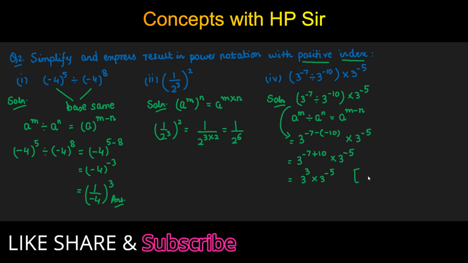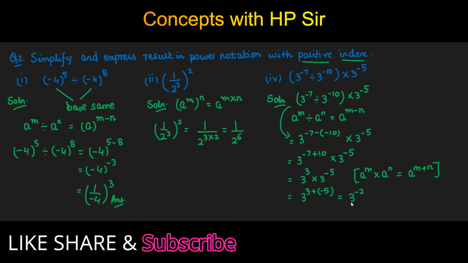Next step, it becomes 3 to the power 3 into 3 to the power minus 5. Now over here we will apply the rule that a to the power m into a to the power n is equal to a to the power m plus n. The powers are added. Hence it becomes 3 to the power 3 plus minus 5. That is 3 to the power minus 2.